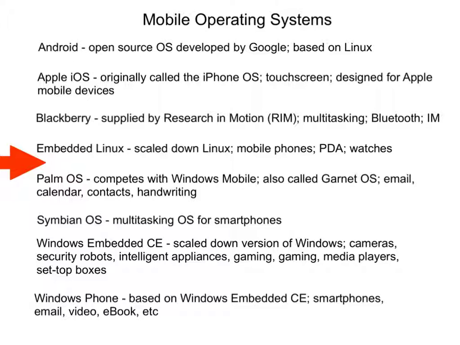But the main applications are designed for the phone, like email and web browsing and media playing. BlackBerry is another operating system that runs on handheld devices. It is supplied by Research in Motion, and it's known for its multitasking, Bluetooth, instant messaging.